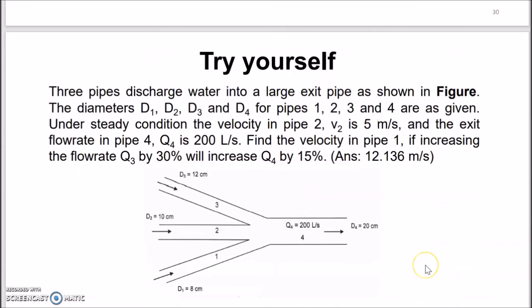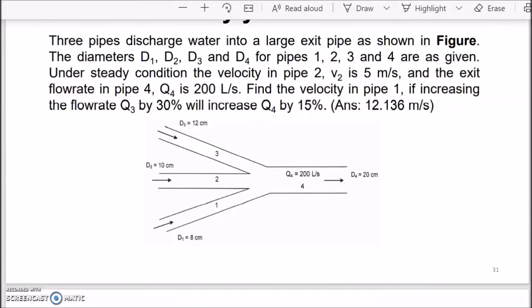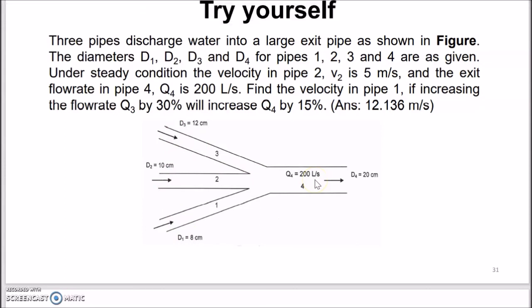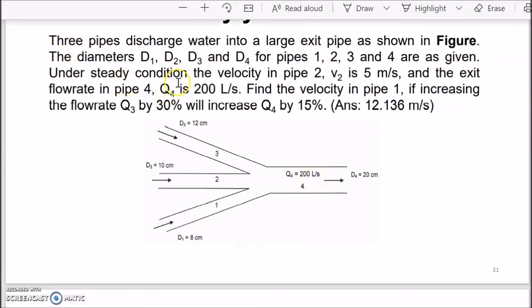So let's look into the third example. Three pipes discharge water into a large exit pipe as shown in the figure. The diameters D1, D2, D3 and D4 for pipes 1 to 4 are given. Under steady condition, the velocity in pipe 2, V2, is 5 meters per second, and the exit flow rate in pipe 4, Q4, is 200 liters per second.